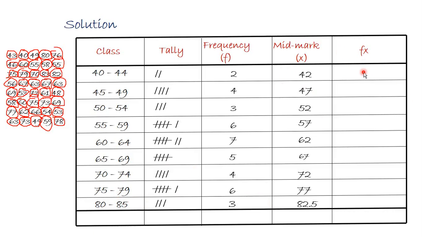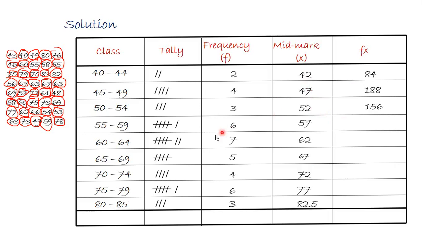Then lastly we are going to be getting fx, that is f times x. So we shall multiply 2 times 42, get your calculator, that is 84. Next 4 times 47, that is 188. Next 3 times 52, that is 156.